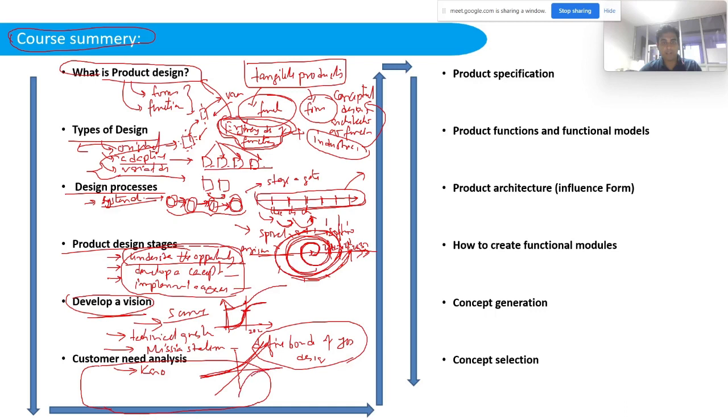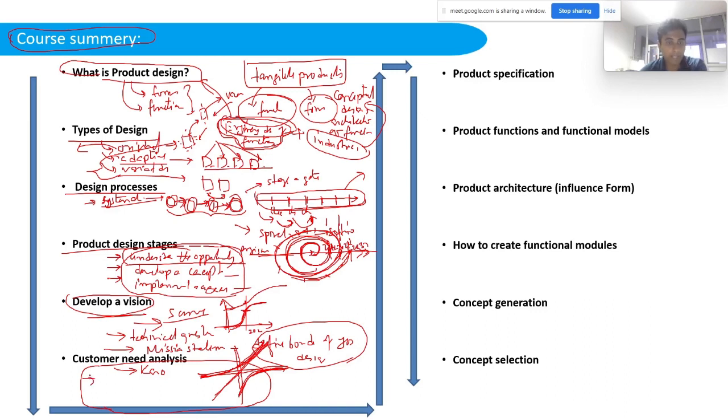Fulfillment of certain needs is linearly dependent on satisfaction, and sometimes even though you meet the needs, you cannot fulfill customer satisfaction, and sometimes there is no base level satisfaction, but if you actually provide that particular need, there is satisfaction.